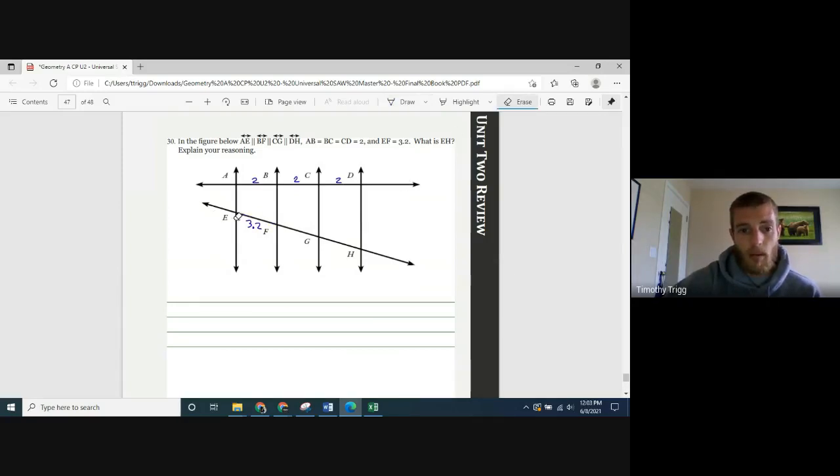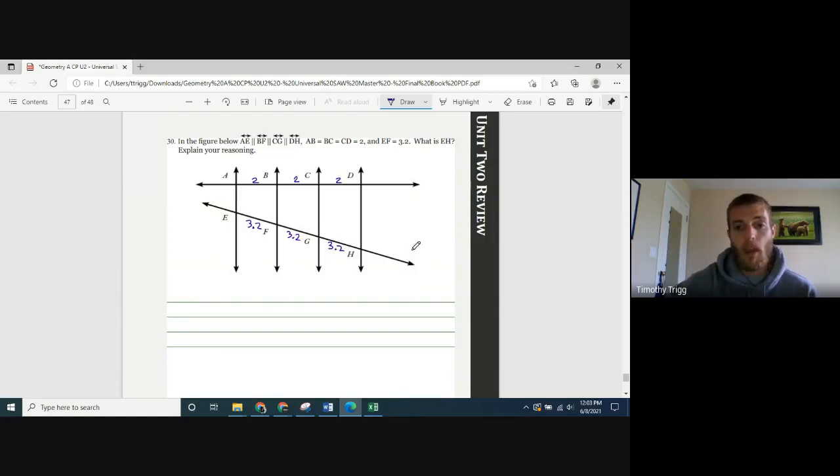Okay. So since these lengths on the top are all the same, that will make these distances on the bottom the same as well. So EF was 3.2. So that means FG must also be 3.2. And GH must also be 3.2.